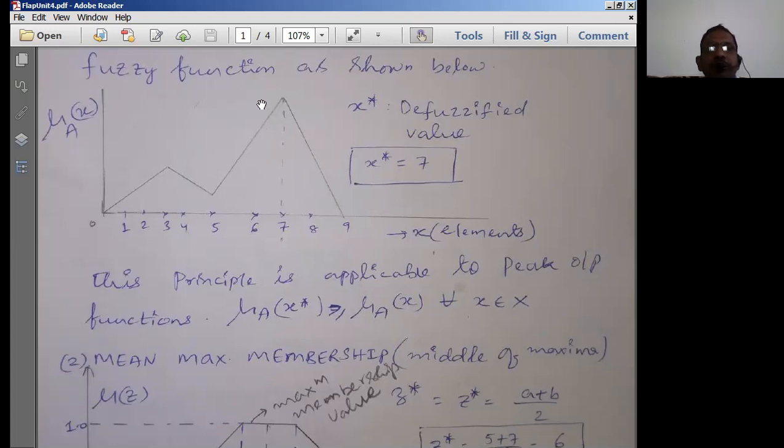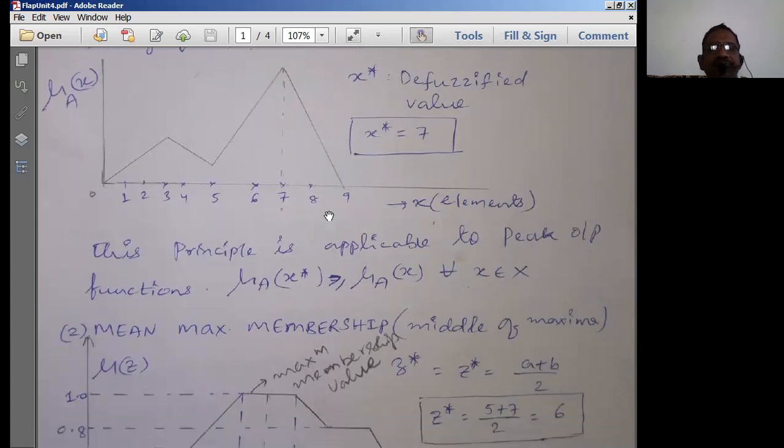This value should compulsorily be greater than or equal to mu a of x for all x belonging to capital X. This is the condition under which the maximum membership function really works to find the crisp data.